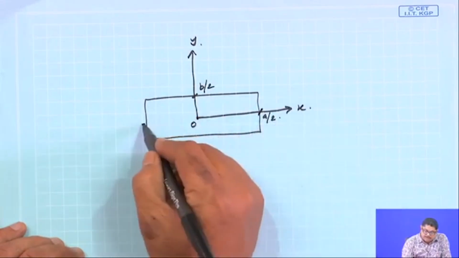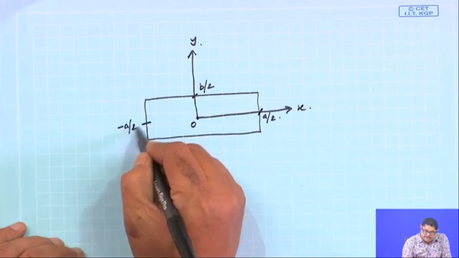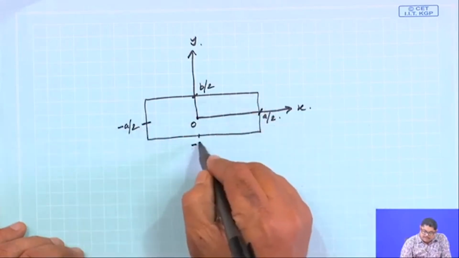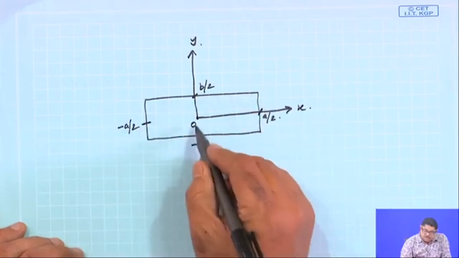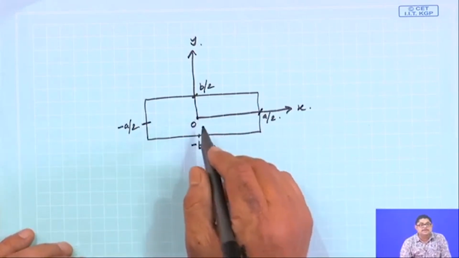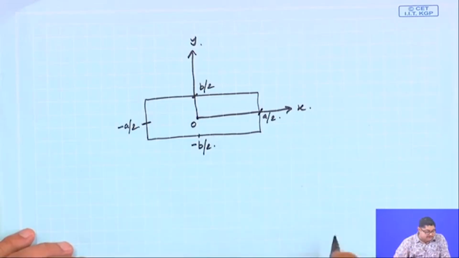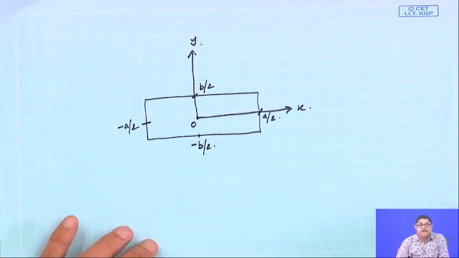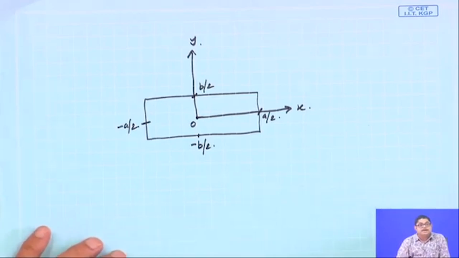So, this point will be minus a by 2 and this point will be minus b by 2. The center of the aperture is the origin of the coordinate system, and we assume that aperture field is uniform.